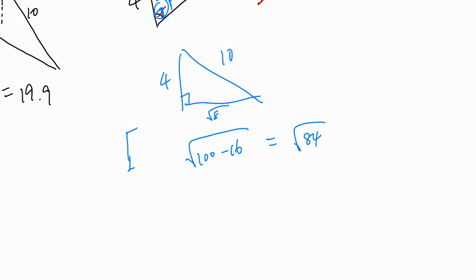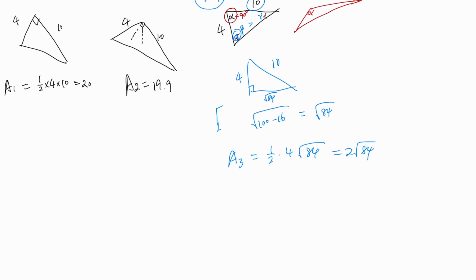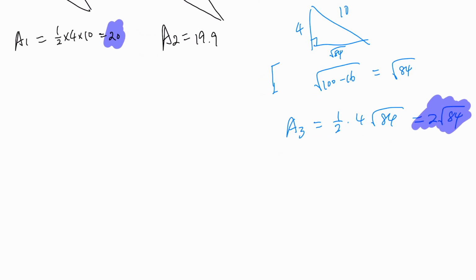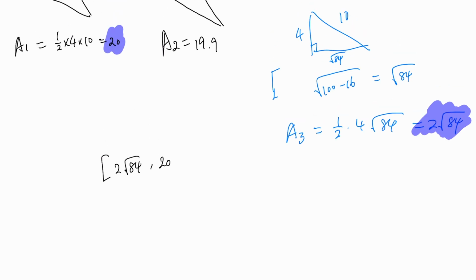With the square root of 84, we find the area, which is 1/2 times 4 times the square root of 84, equal to 2 times the square root of 84. And by now we have found the two edge cases that we're looking for. The interval that we're looking for is simply 2 square root of 84, comma 20.